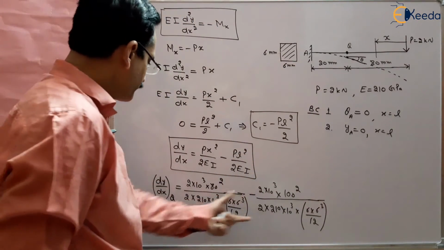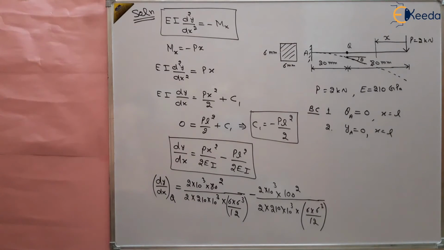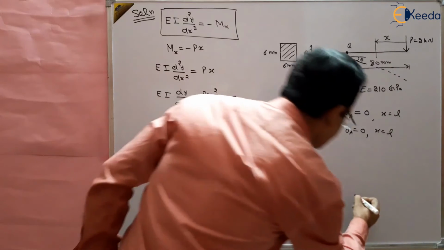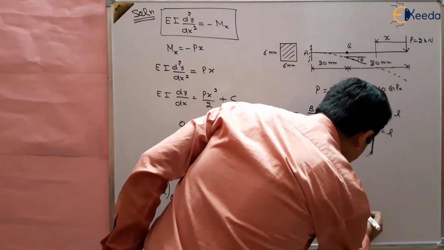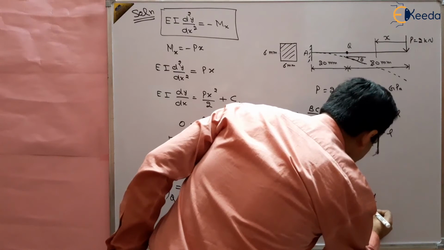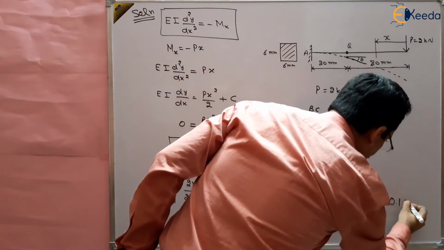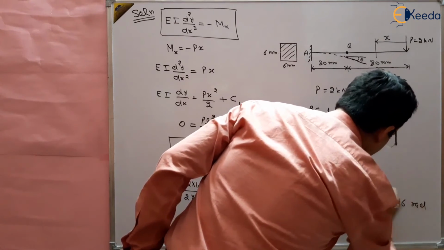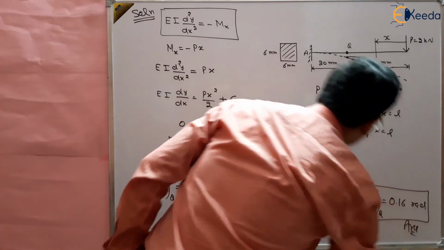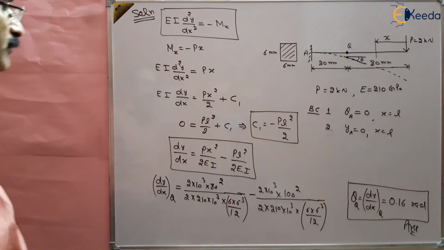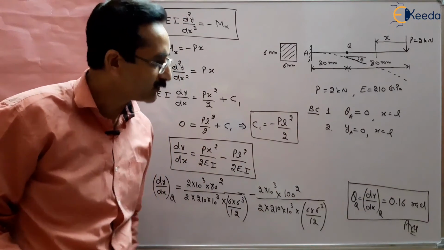So this is the slope at point Q. Solve it and you will get the value in radians: theta at point Q, or dy by dx at point Q, will come out to be 0.16 radians. So this is the answer of this question. We have to find out the slope, and the slope came out to be 0.16 radians.